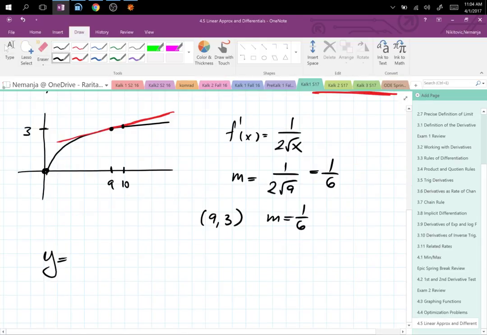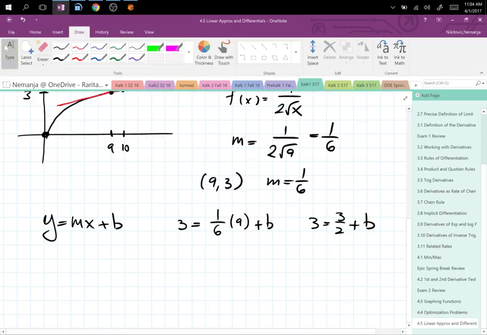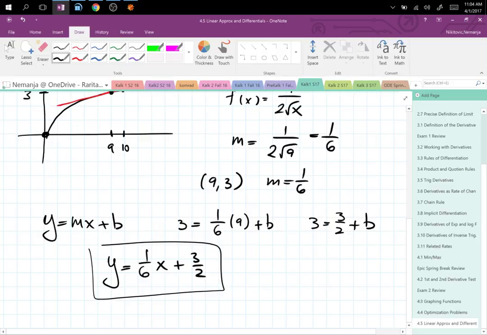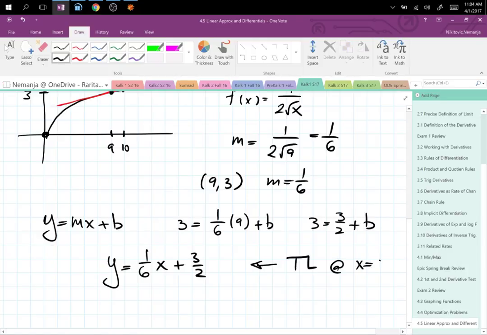So y is equal to mx plus b. Let's write the formula. So y, which is 3, is equal to 1 over 6 times 9 plus b. So that's going to be 3 equals 3 halves plus b. So b is 3 halves. y equals 1 over 6 x plus 3 halves. This is the tangent line at x equals 9.